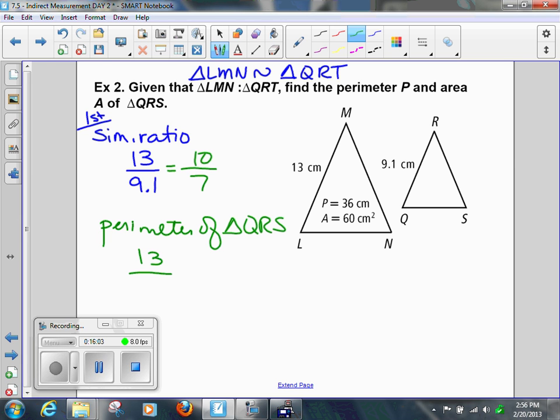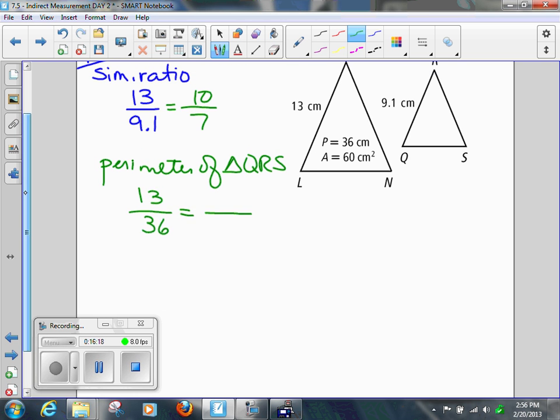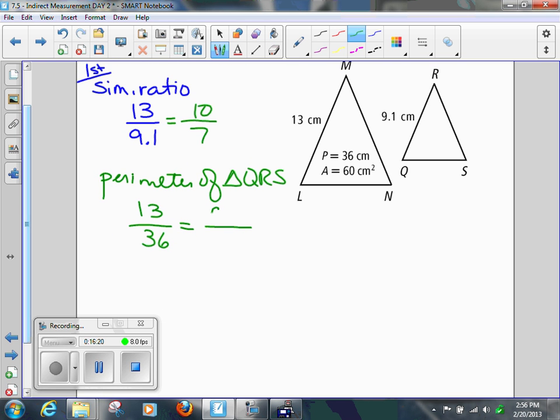All right, so you're taking the side over the perimeter. If he goes this way, his other fraction has to be what, y'all? Look at it real carefully. 9.1 over who? We're dealing with perimeter. It's got to be x, because that's what we're solving for.